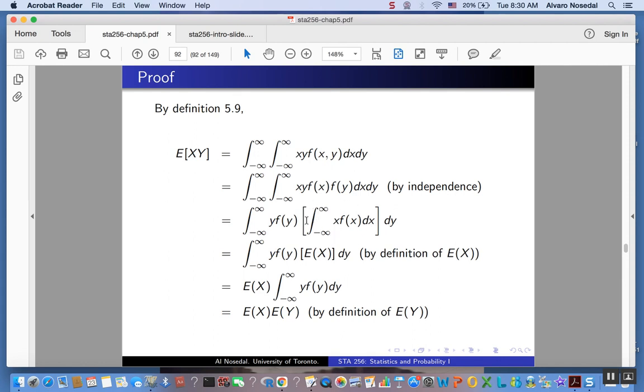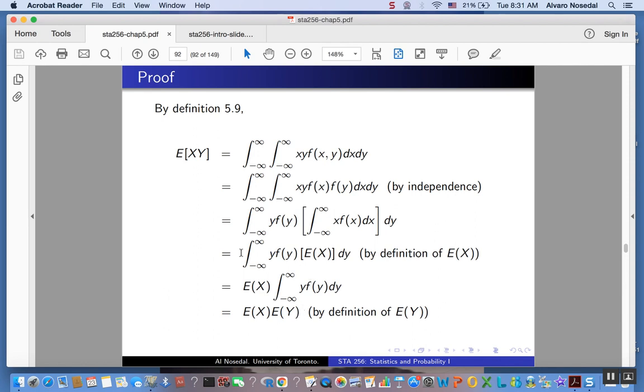When you see this, you immediately go, oh, the integral from negative infinity to infinity of x f of x dx, that's just the expected value of the random variable x. And then this is a constant, so by the linearity of integrals we get to factor it out. Now we have the integral from negative infinity to infinity of y f of y with respect to y, and this is just the expected value of y.